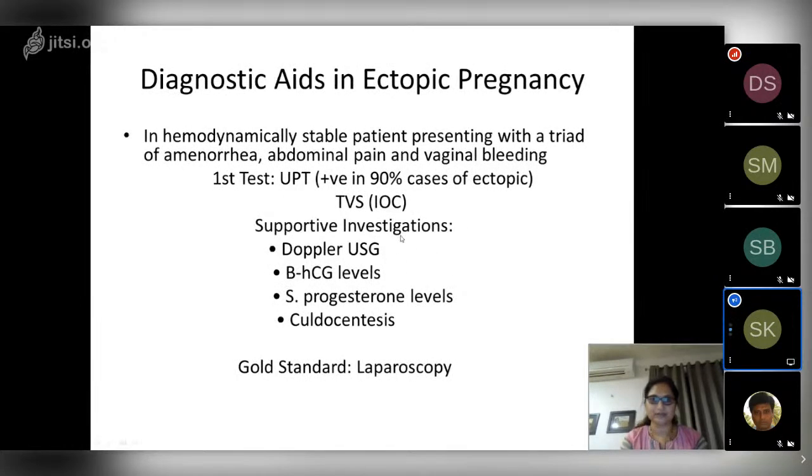The supportive investigations include Doppler ultrasonography, which is again done along with the TVS examination. When you put up the Doppler, you will be able to see the color flow within the adnexal mass.